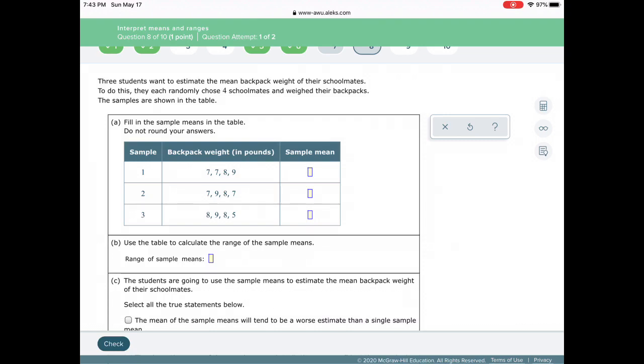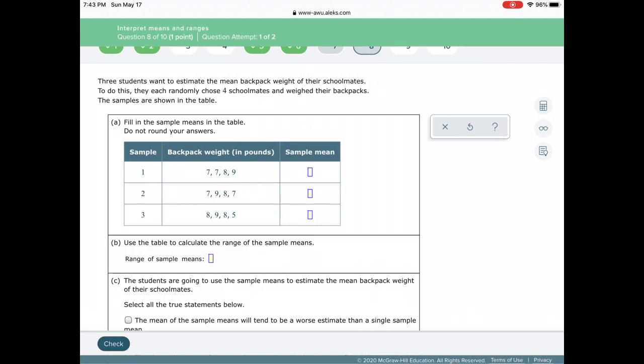All right, a sample is when you're looking at just a small group. Think about it, it would be impossible to go around and ask every single person. Maybe not impossible, it would take way too long, more time than anybody wants to ask the weight of everybody's backpack. So they take something called a sample, which is just a small portion, and you hope that you get that to be representative.